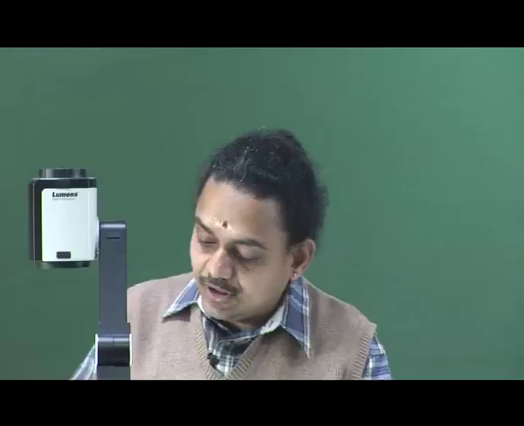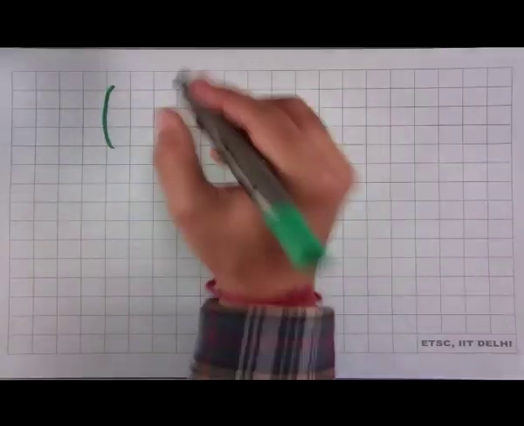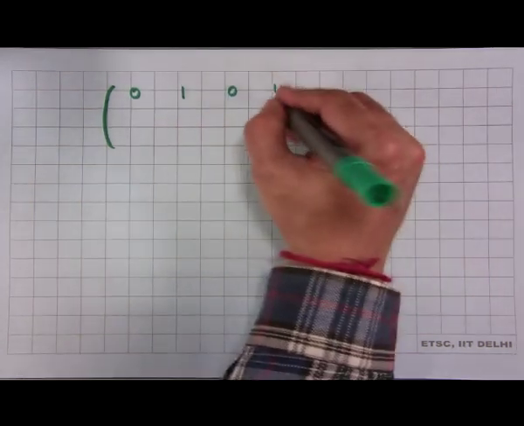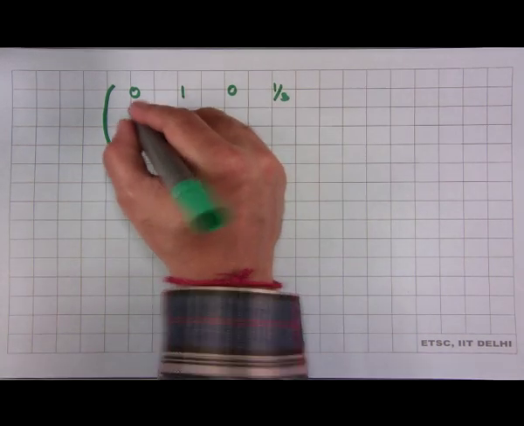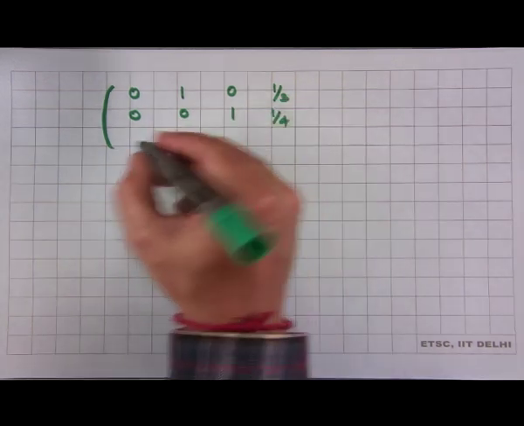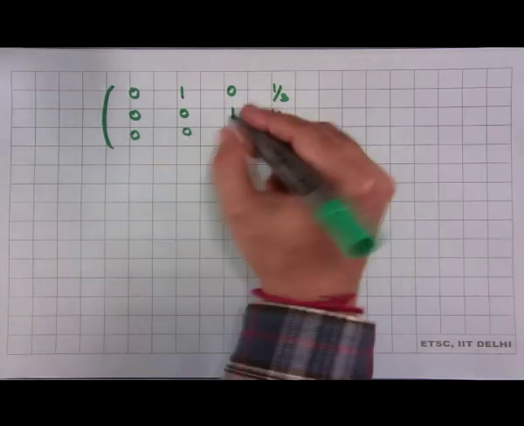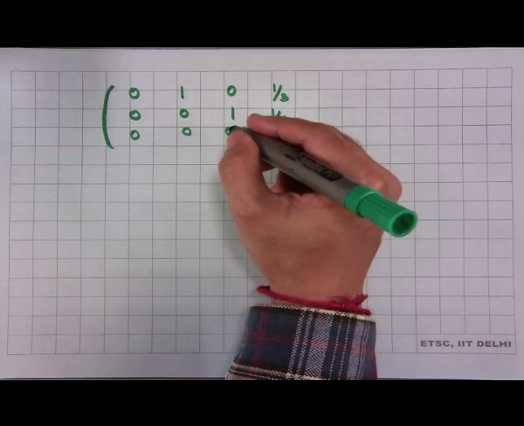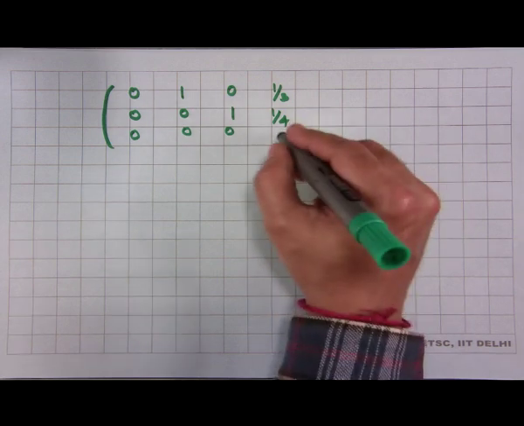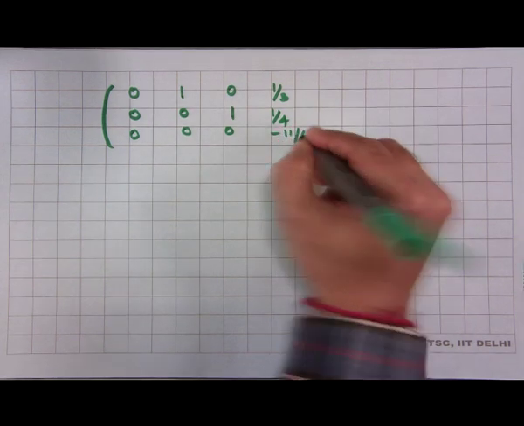And so, the resulting matrix here is 0 1 0 1 by 3, 0 0 1 1 by 4, 0 0 0. So, minus 4 by 3 minus half, which is minus 11 by 6.